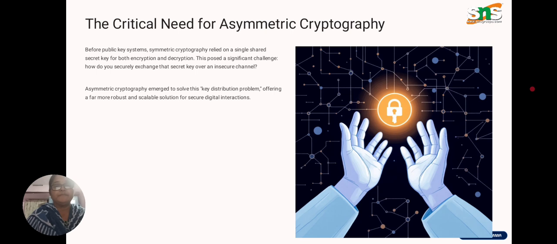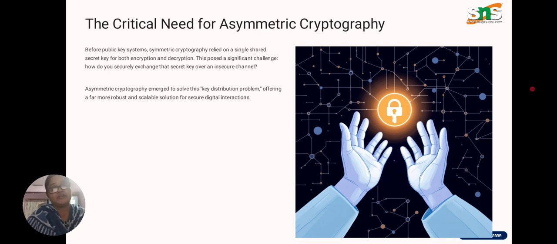Earlier, symmetric key cryptography used only one key for both encryption and decryption. The main issue in using one key for both processes is how to share that key securely between two people. If someone intercepts the key, the whole system becomes insecure. So using one key is highly insecure.